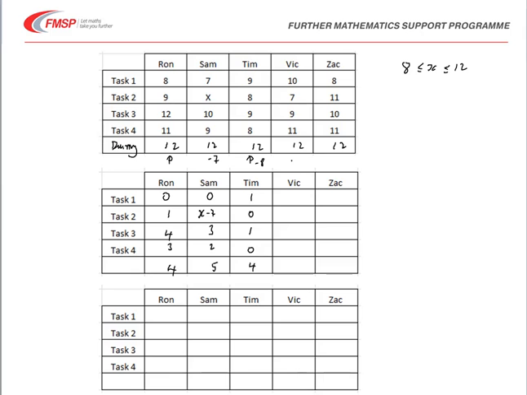In Vic's column, the smallest value is 7, so subtracting 7, 3, 0, 2, 4 and 5. And in Zach's, we can subtract 8. So 0, 3, 2, 3 and 4. So that was the column reduction.